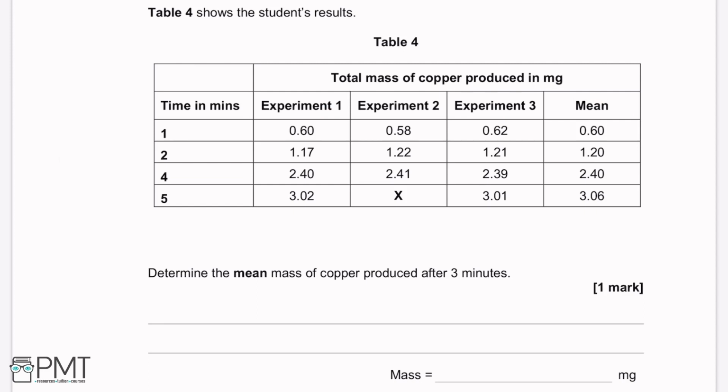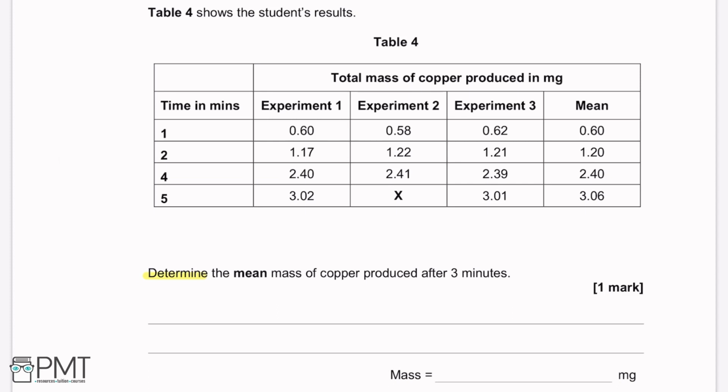So, this question asks us to determine the mean mass of copper produced after 3 minutes. Now notice the command word for this question is determine, not calculate. Okay, so that's telling us that in the mark scheme, there is actually a range of possible answers that were allowed.